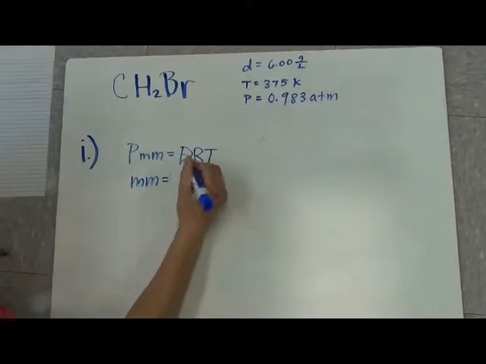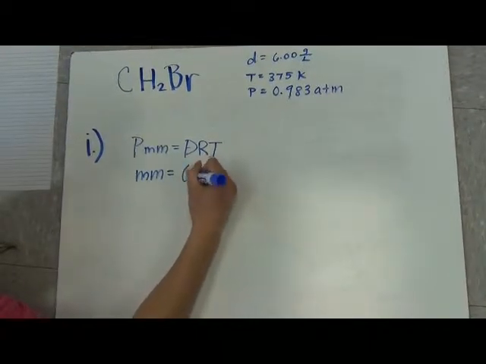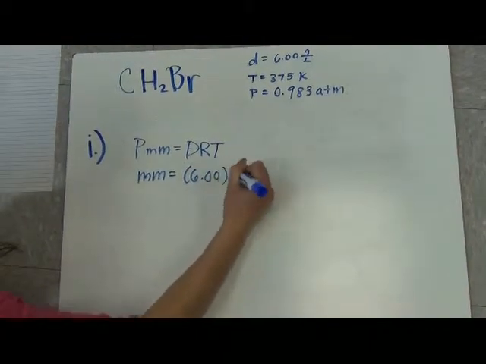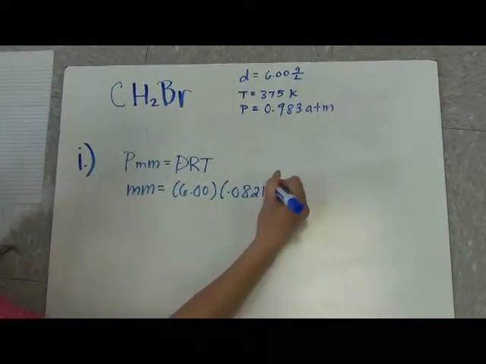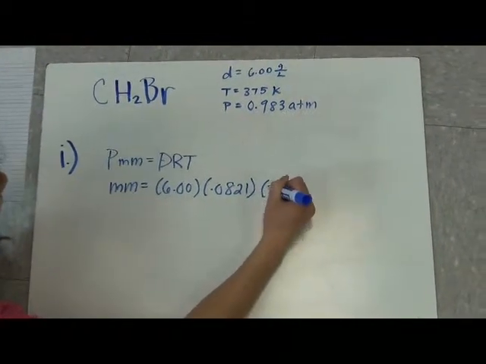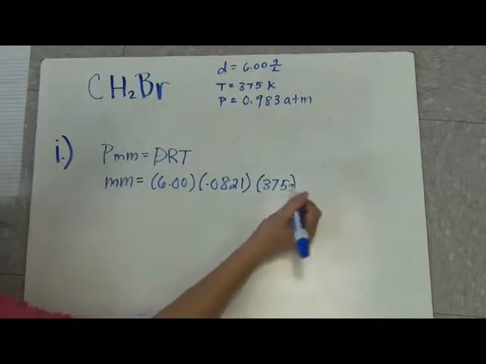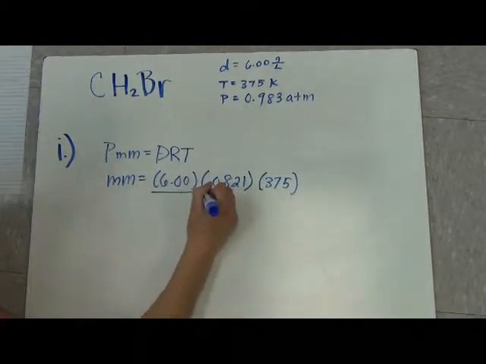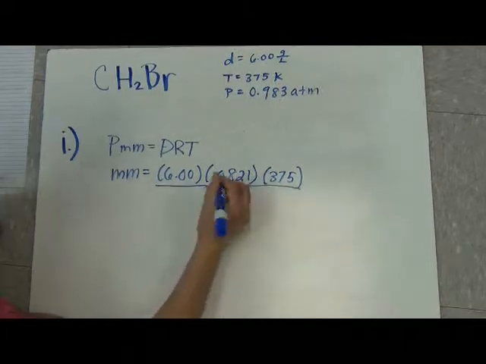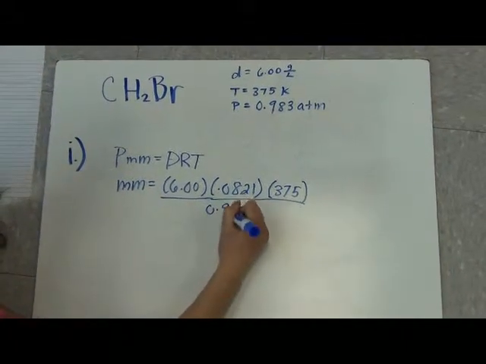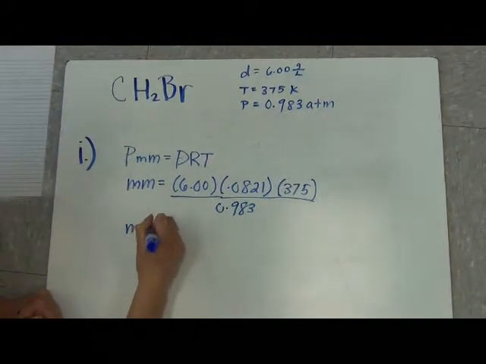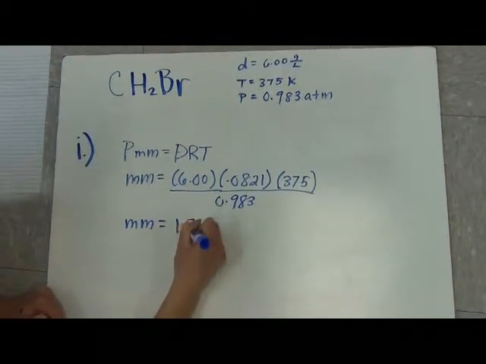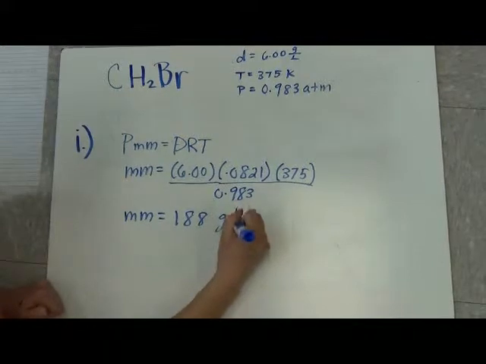So the density is given as 6, R is 0.0821, and temperature is 375 Kelvin, divided by the pressure, 0.983. And this gives you the molar mass, which is 188 grams per mole.